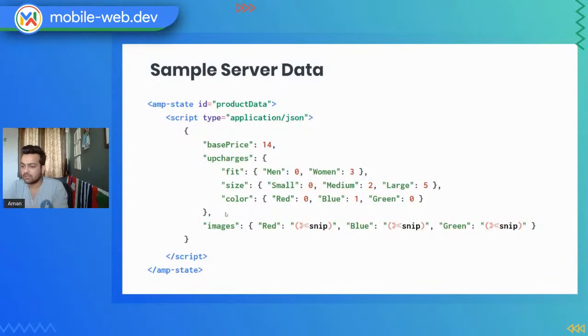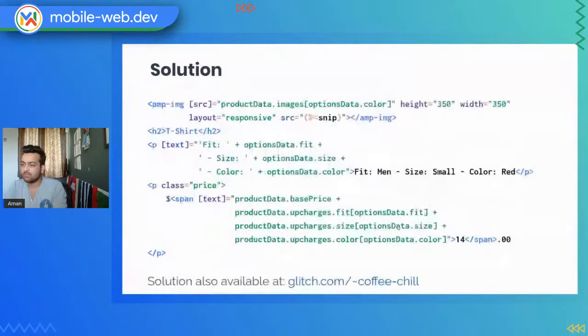So product data dot images, and then whatever variant of shirt you are choosing, the image of that should appear over here. And then you have the fit, where you are choosing the fit, and with all this data combined, it is calculating, I'm sorry, it is calculating all the price and then showing it on the screen, right? A cool example.